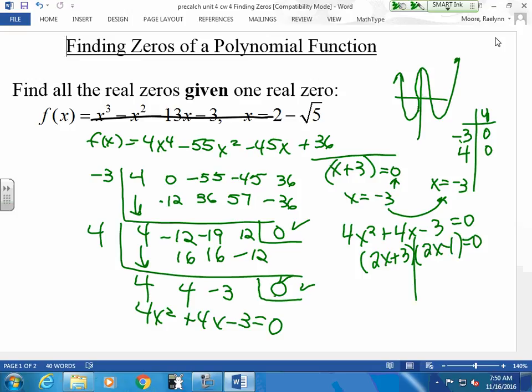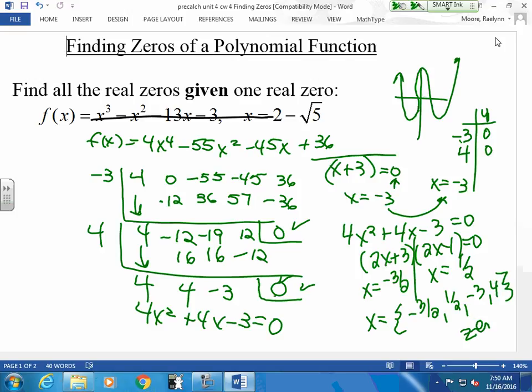These are my factors, so don't I set my factors equal to 0? That's where my roots come from. So x is equal to -3/2, and x is equal to +1/2. So I have 4 x's, 4 roots in here. I have -3/2, +1/2, -3, +4.